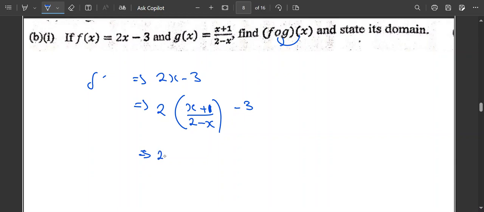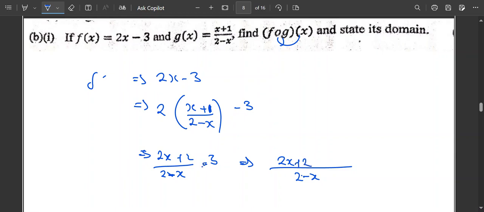Then here it will be 2x, you multiply throughout, then that will be plus 2 over 2 minus x, like that, then minus 3. So from there, what is common is 2 minus x, then 2x plus 2.